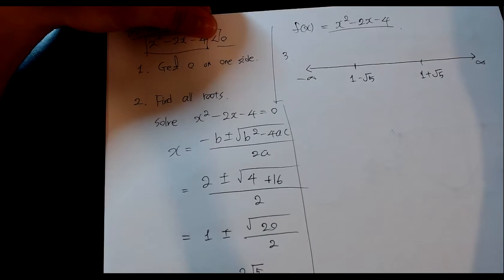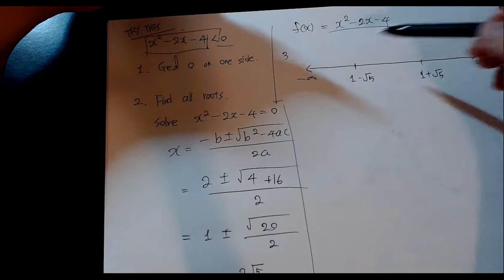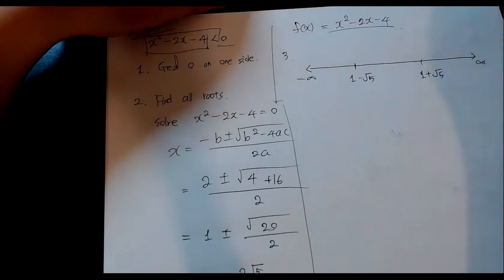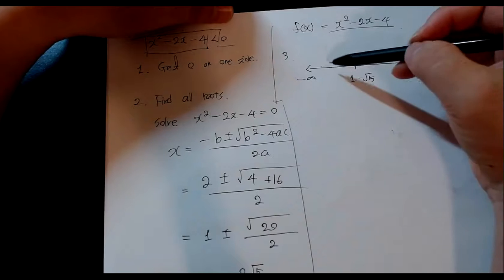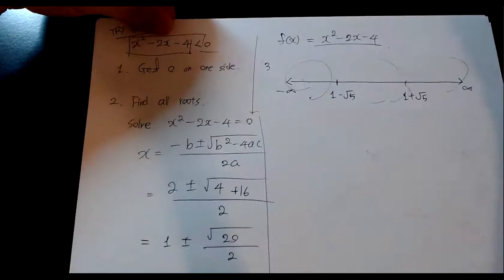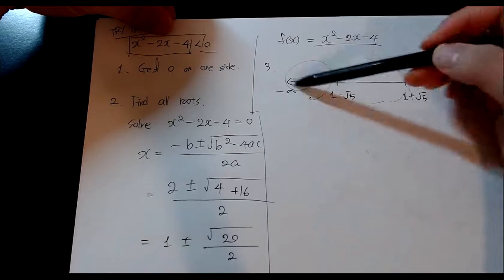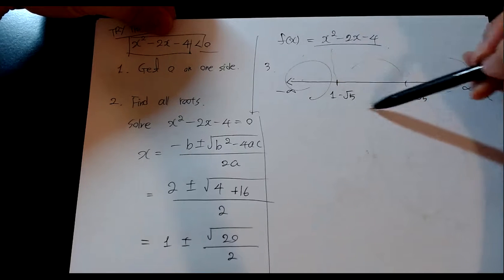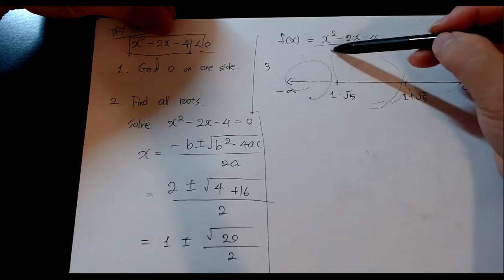So this number line is now divided into 3 subintervals: subinterval 1, subinterval 2, subinterval 3. And considering this number line as the x-axis, the graph of f of x must be like this.